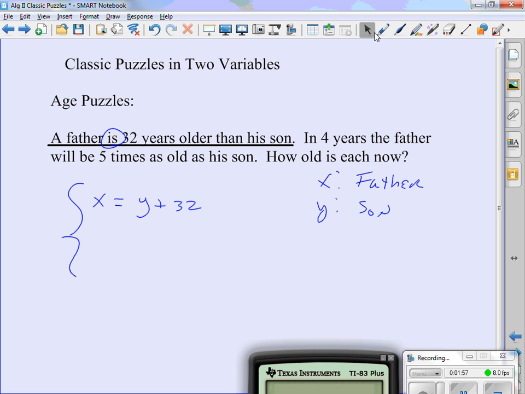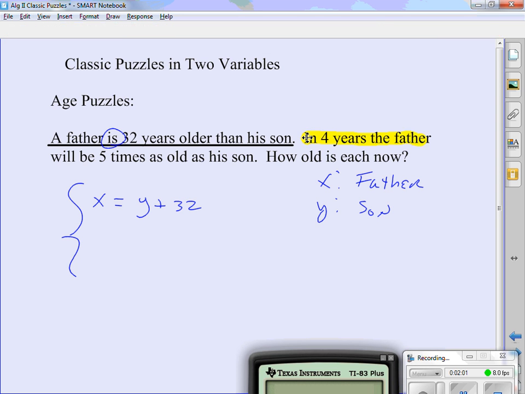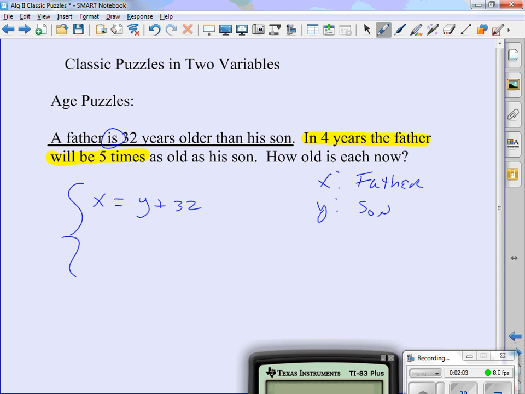The second equation is the next sentence. In 4 years, the father will be 5 times as old as the son. So in 4 years, how old will the father be? If you're 16 right now, how old will you be in 4 years? You'd be 20.